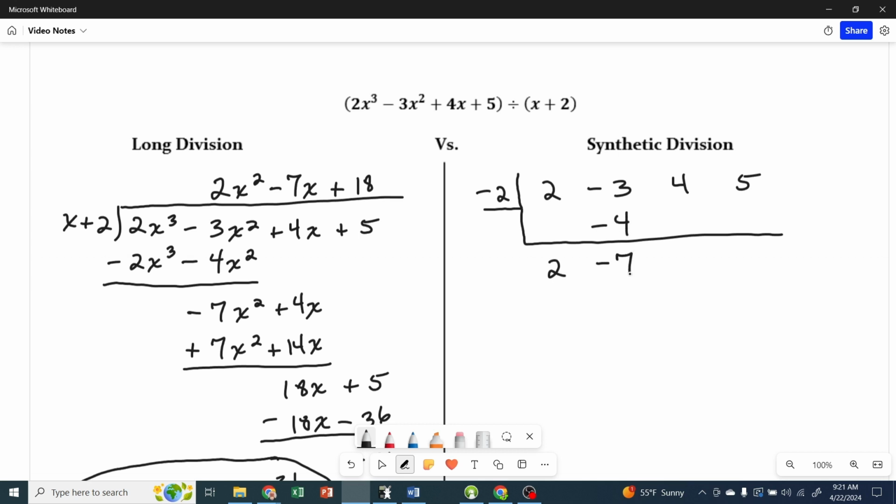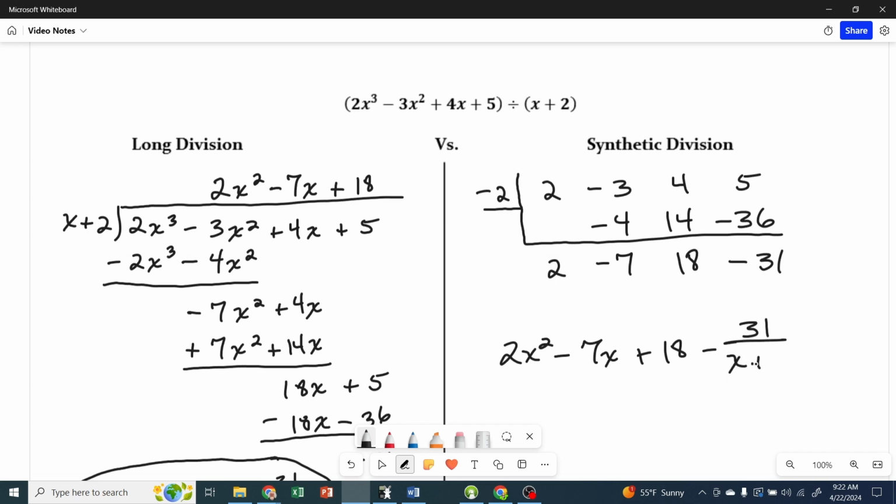This becomes negative 7. Negative 2 times negative 7 is positive 14. Add that together, that's 18. Negative 2 times 18 is negative 36. Add it together, I end up with negative 31. So our final answer is 2x squared minus 7x plus 18 minus 31 over x plus 2.